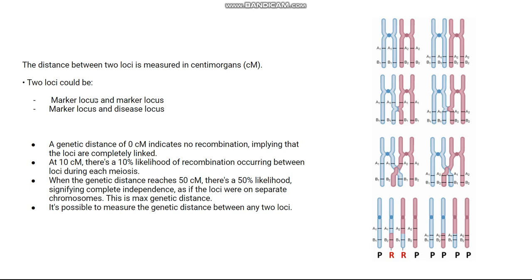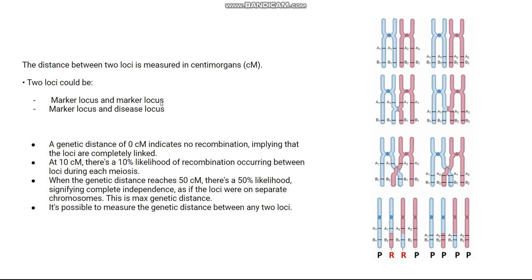Polymorphisms that are used to follow a disease-causing allele through a family are called markers, and they can mark the chromosome on which a disease-causing allele is located. Basically, this is just a genetic variation at a locus.